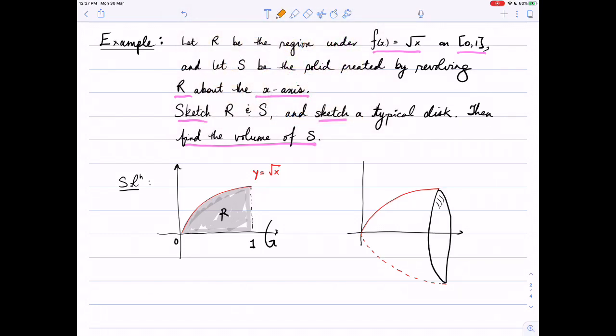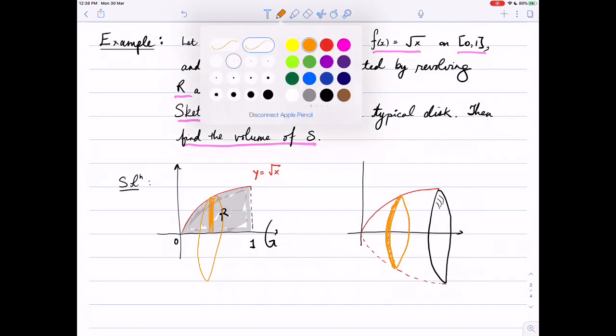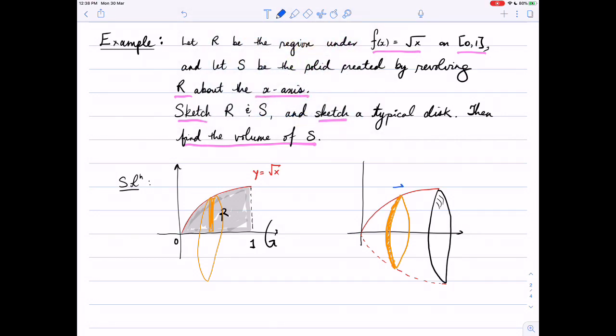If we're going to sketch our disk, we imagine a single rectangle that is going to get rotated around. That gives us a single disk. Here, the rectangle becomes the thickness of that disk, and there's our single disk. We know the width of that disk is going to be delta x if it's a single rectangle, but that's going to become dx when we take the limit as n goes to infinity.